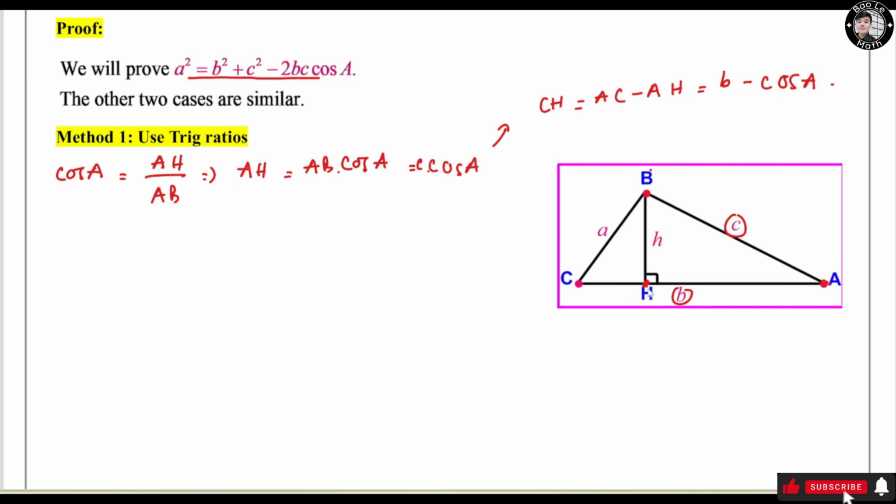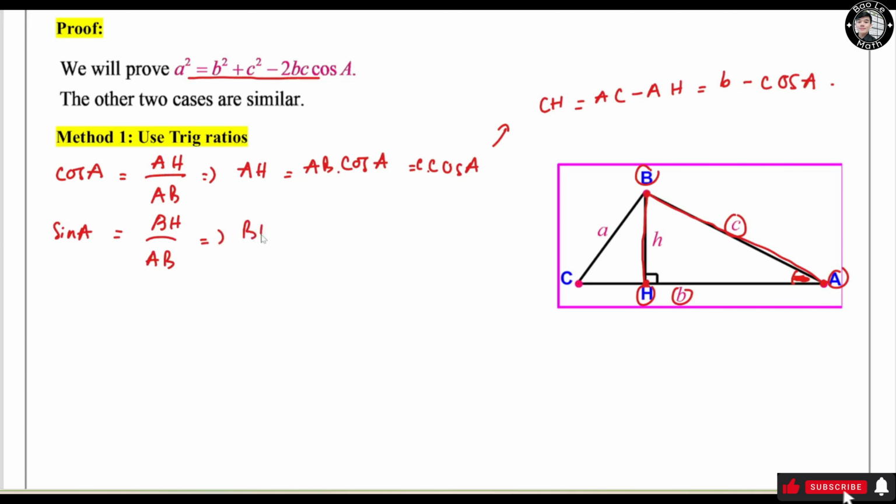Now in the same triangle HBA, I'm going to find the sine of angle A. It's going to be opposite over hypotenuse, which is BH over AB.